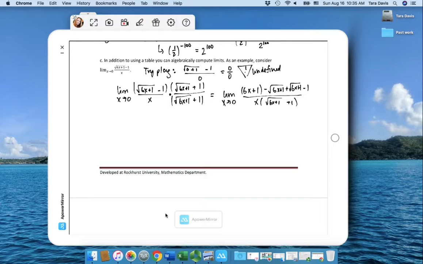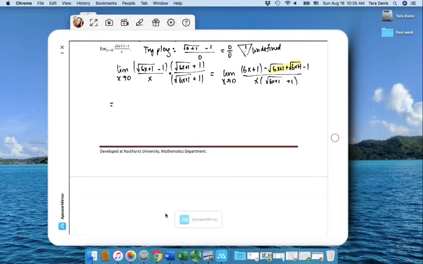You could distribute the x if you want, it wouldn't be wrong. But what you're going to notice is we have a nice cancellation on the numerator. So this is the limit as x approaches 0 of, and actually there's another cancellation on the numerator. So we have 6x plus 1 minus 1 now, and I keep the denominator the same.